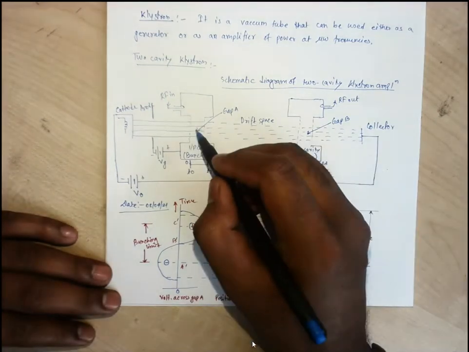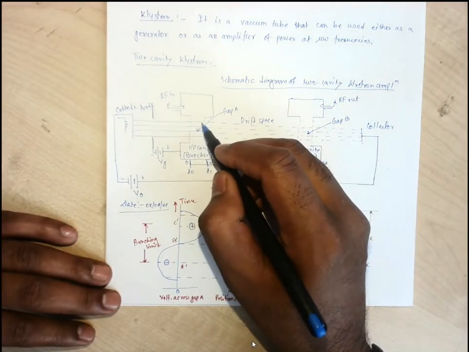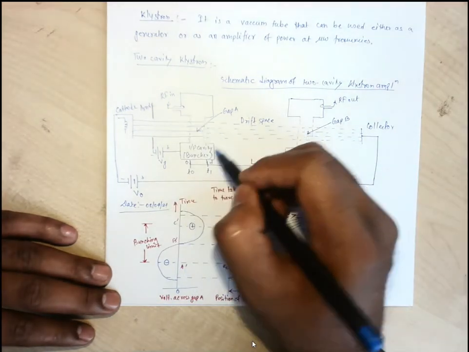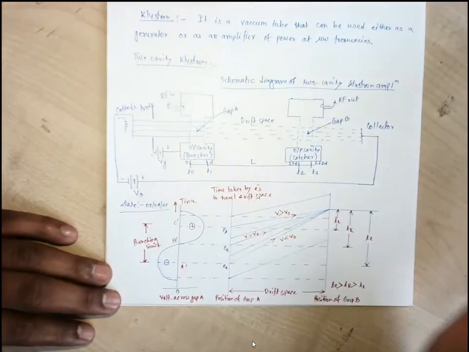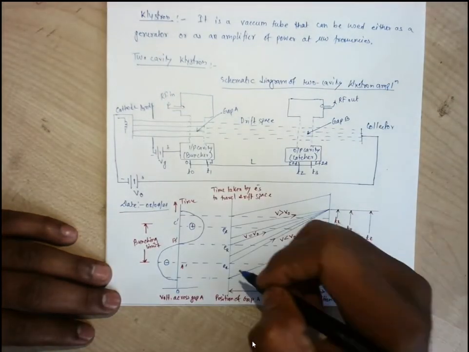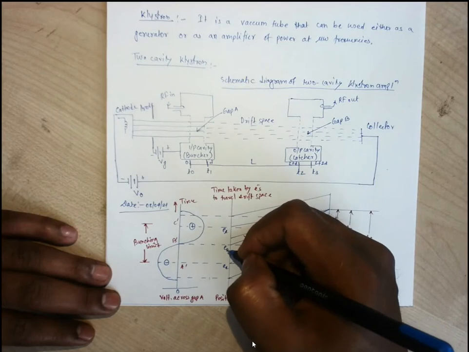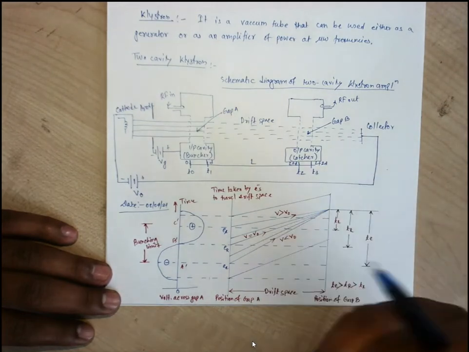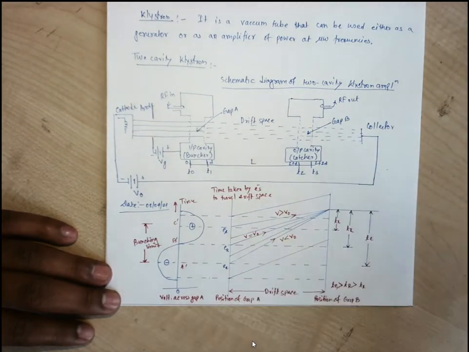So let us consider first the electron number 1, which is appearing at this gap when the gap voltage is negative. So it will decelerate. After that electron, electron 2 appears and finds zero potential, so it will move with the reference velocity, but it appears after the early electron.